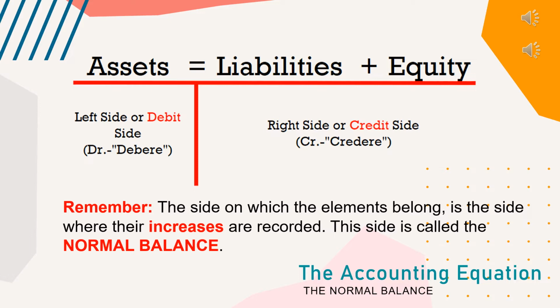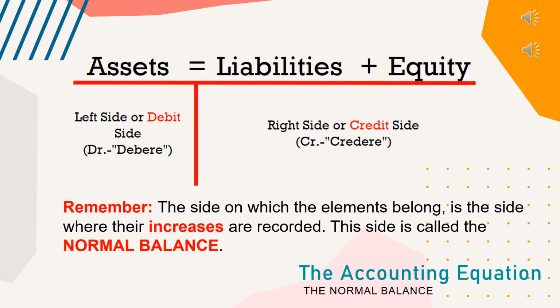The left side is called the debit side, or abbreviated as DR, and the right side is the credit side, or abbreviated as CR. CR and DR are actually abbreviations for debere and credere, the Latin words from which debit and credit were coined.